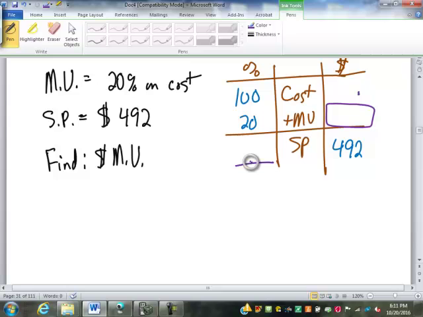How do we find this? 100 plus 20 is 120. So it's the cost row that we're not going to use. 20 times 492 divided by 120 is, what is it? 98.4?